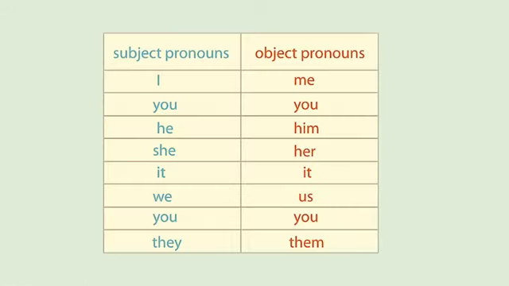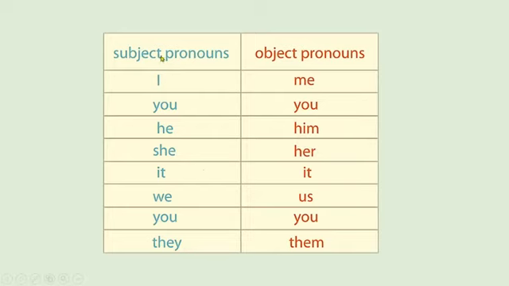Now, moreover, about this topic, in your book, there's a little part about subject pronouns and object pronouns. But what are they? Subject pronouns are the people that do the action.